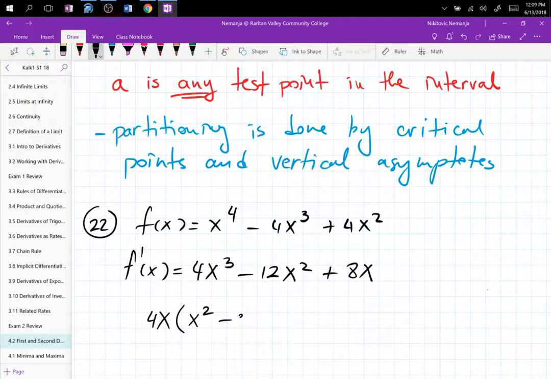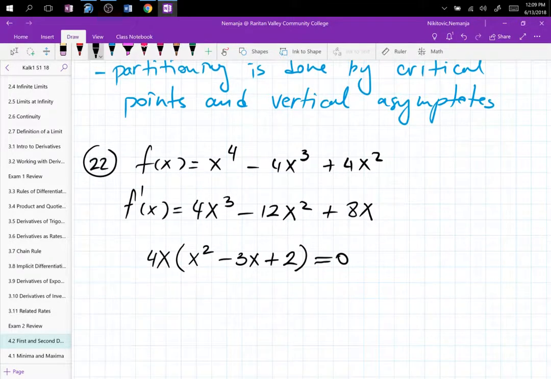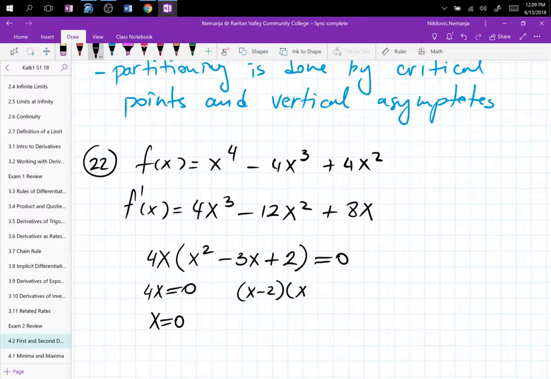Gives me x squared minus 3x plus 2 equal to 0. From where 4x equals 0 and x is equal to 0, that's the first one. The second one will factor into x minus 2 times x minus 1. So I have x is 2 and x is 1.